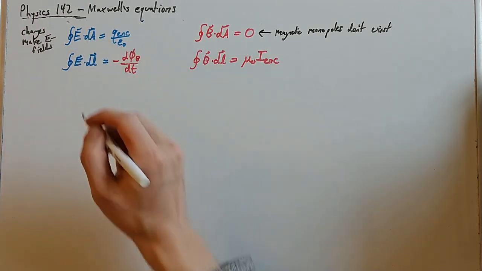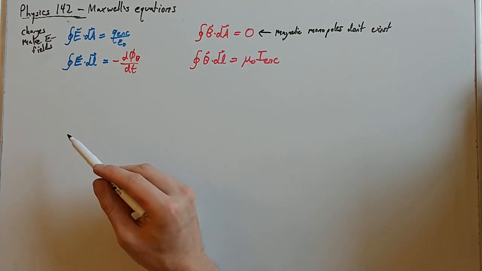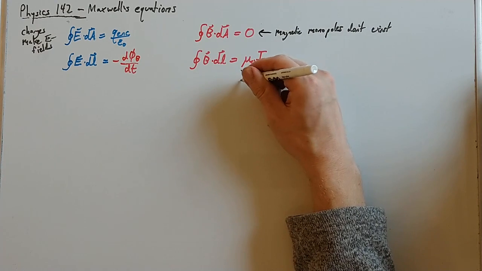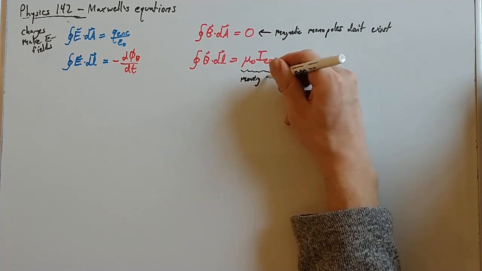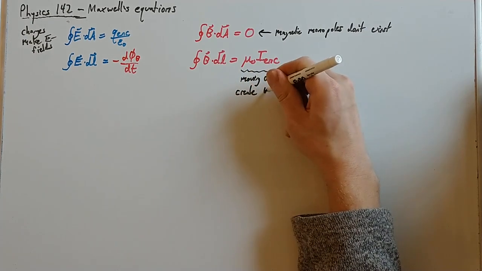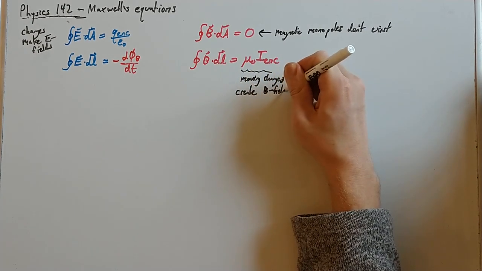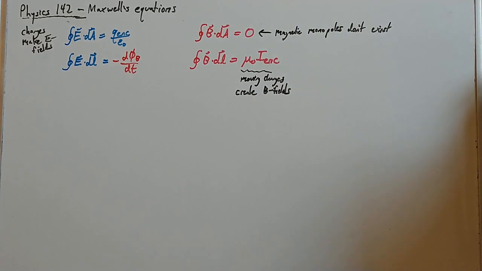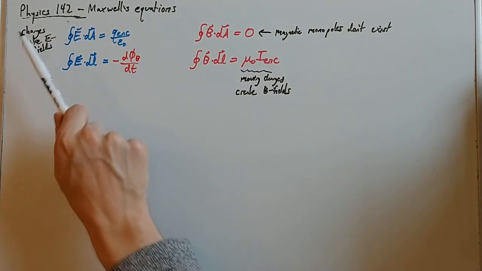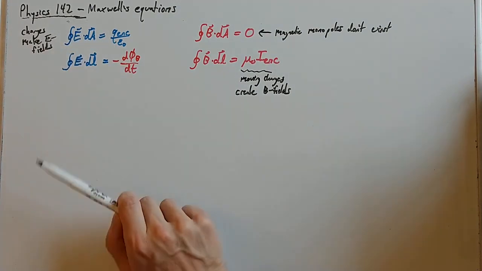Electric monopoles create E fields. And this right here is saying current, or moving charges, create B fields. So, all right, that's great. Moving charges are making B fields. Isolated charges make E fields.